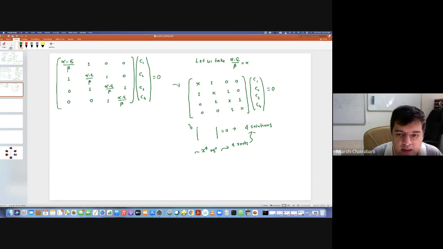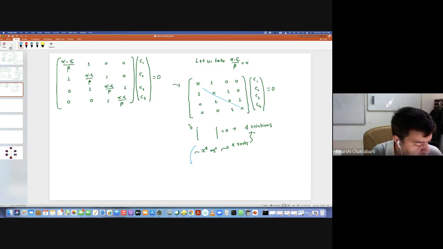See one thing, that x is always along the diagonal. Can you see that? Whatever it is, x is always along the diagonal. This determinant has a name, I told you.